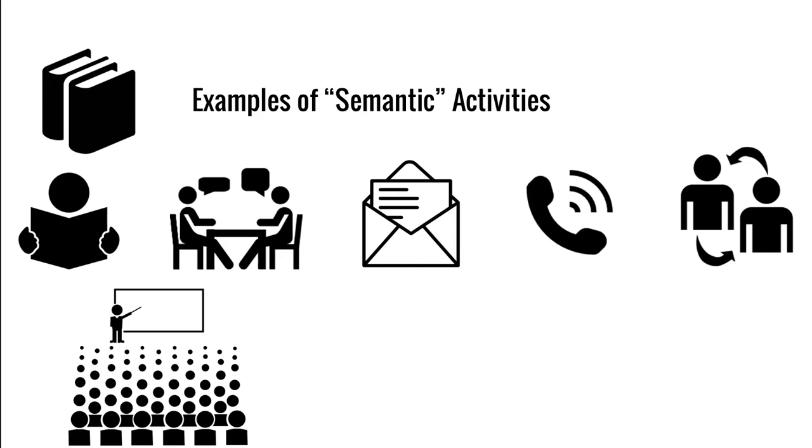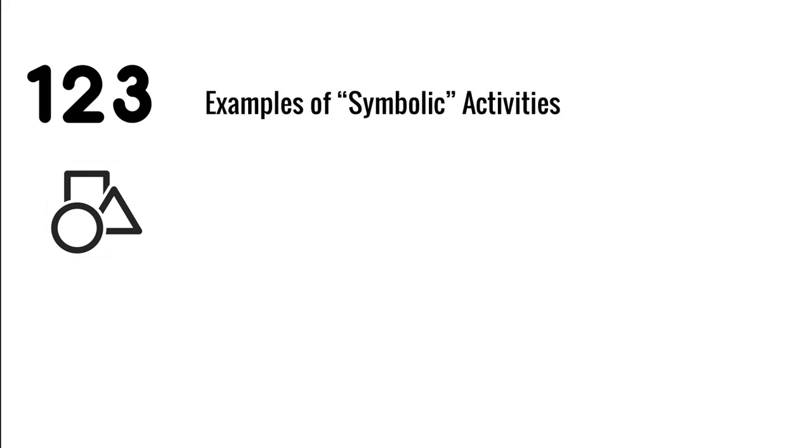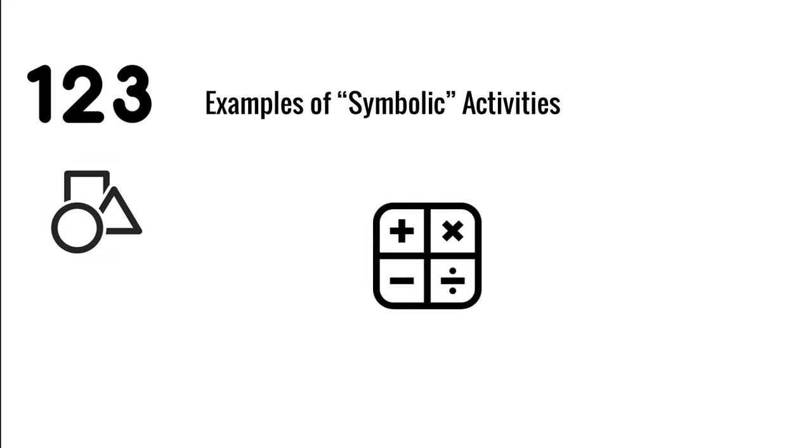Basically, semantic activities are any kind of activity where information goes from one person into another, and there's usually this exchange of ideas. Let's talk about activities that are symbolic. This would include anything with math, numbers, statistics. It can involve doing equations, simple or complicated ones.